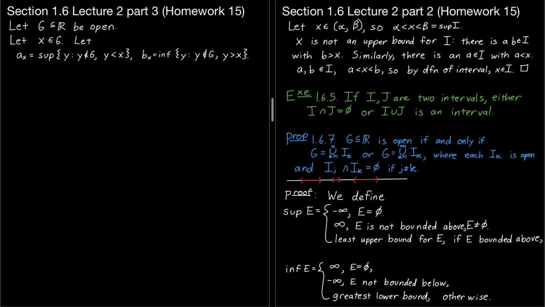Let me draw you the picture of this. Here is our number line. Here is our set, here is G. Let's say here is the point X, and then your A sub X is going to be here.